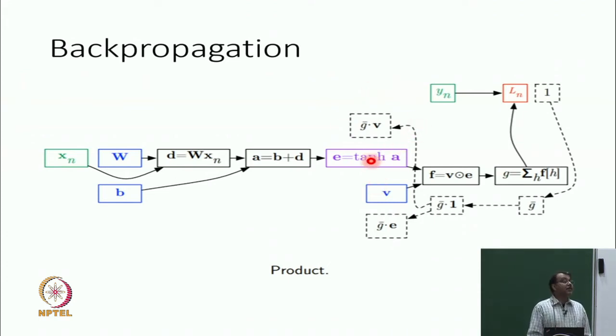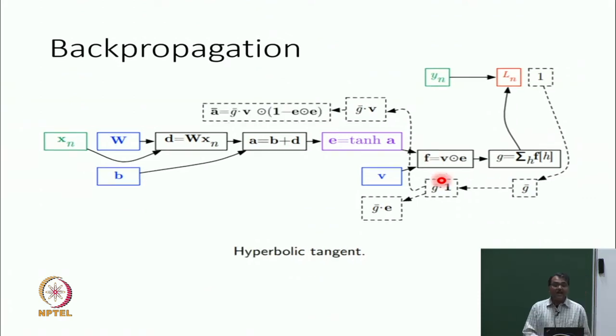Now that allows us to compute a bar, and because it's the tanh function, we can use what we just studied and do 1 minus b square, or b dot b, as our formula. So therefore we are able to compute a bar as nothing but g bar dot v Hadamard product with 1 minus e Hadamard product with e.